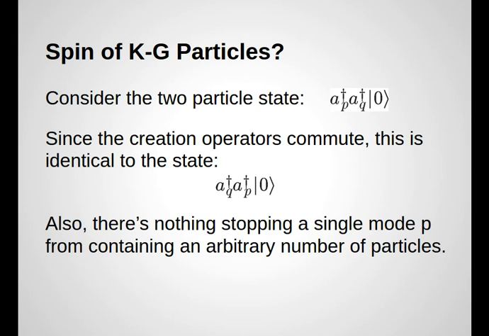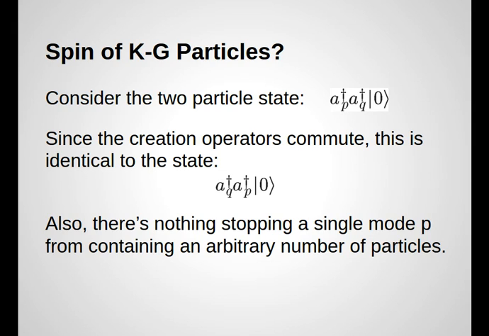The fact that the a's and a daggers obey commutation relations tells you that there's nothing stopping us from filling one particular mode with an infinite number of particles. In the case of fermions, we'll see that the anti-commutation relation means that if you try to put more than one particle per state, you're going to destroy that state.